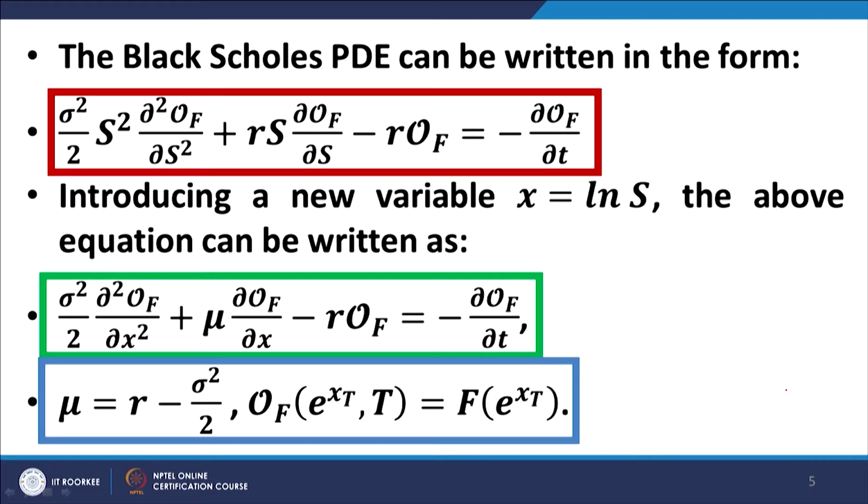Importantly, the fundamental difference between the equation in the red box and the equation in the green box is that the coefficients in the green box equation are now independent of the independent variable x. As you can see, the coefficients of the second order derivative, the first order derivative, and the zeroth-order term are all independent of the variable x.